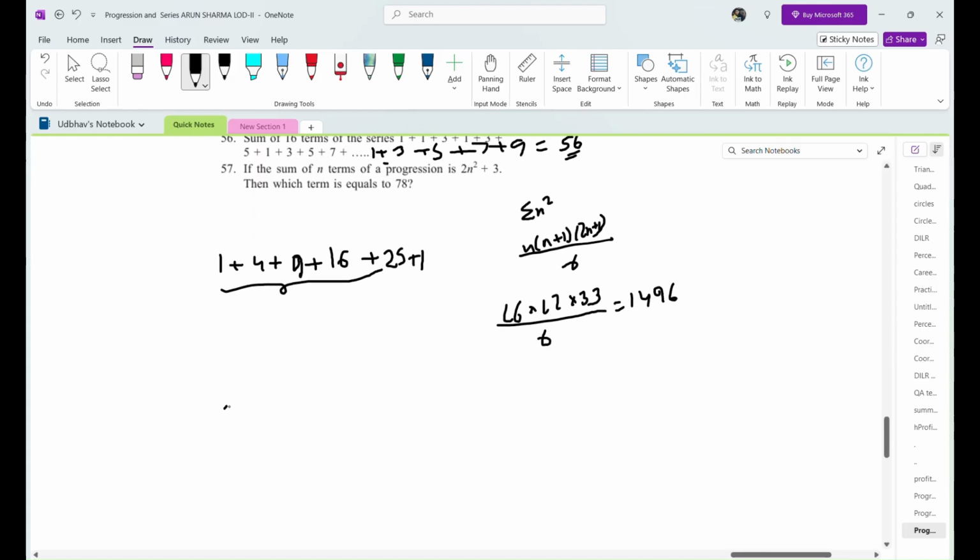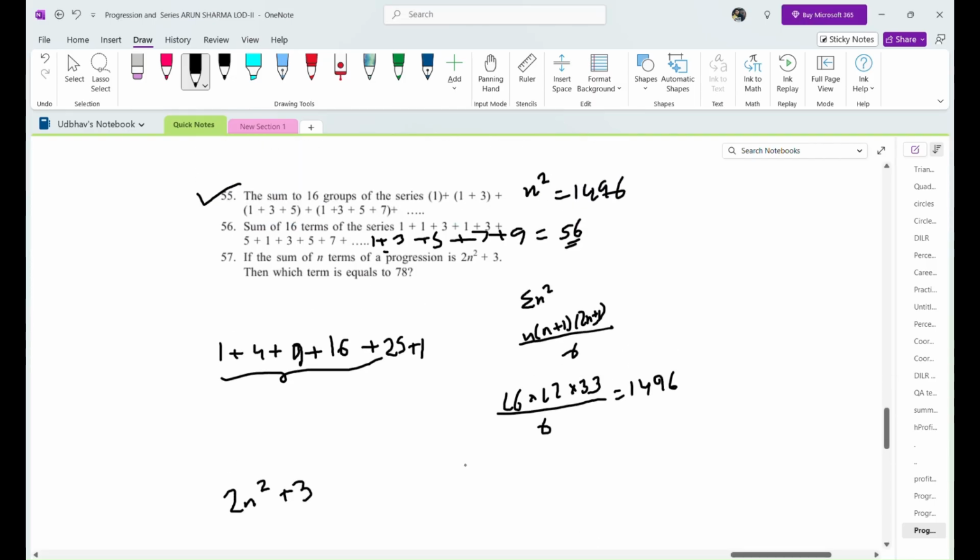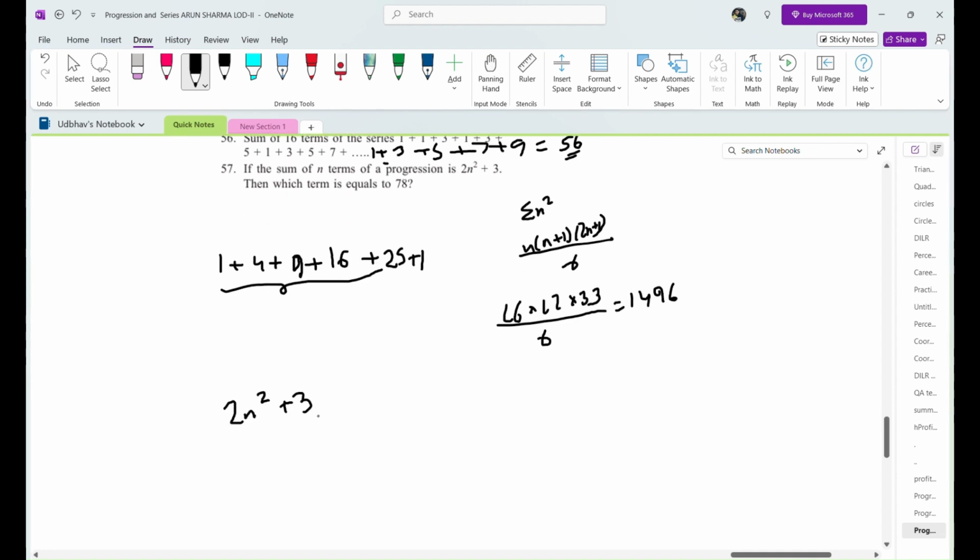Sum of n terms of the progression is 2n square plus 3, then which term equals 78? Let's see what's the first term. 5.